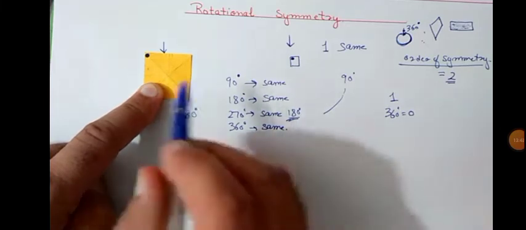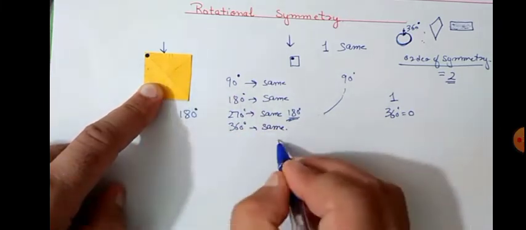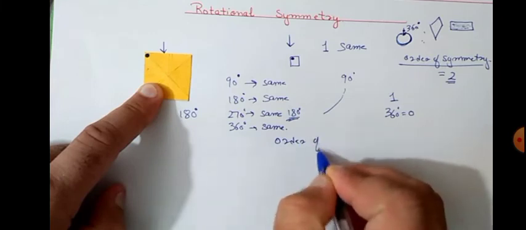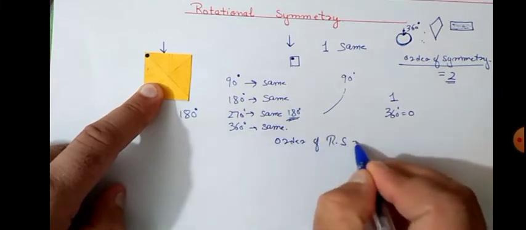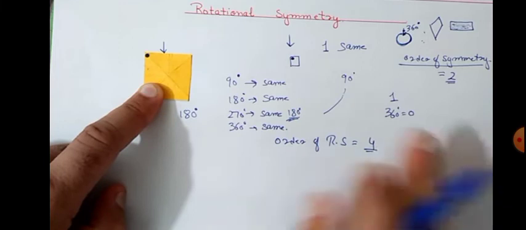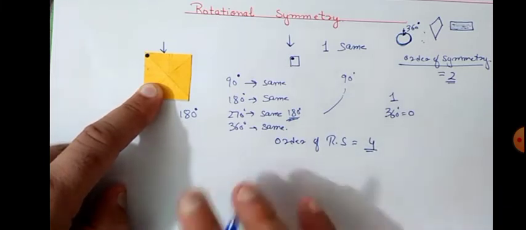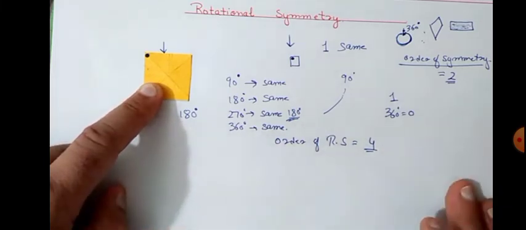So now in 4 times we get the same figure. So a square has 4 orders of rotational symmetry. Is it clear?